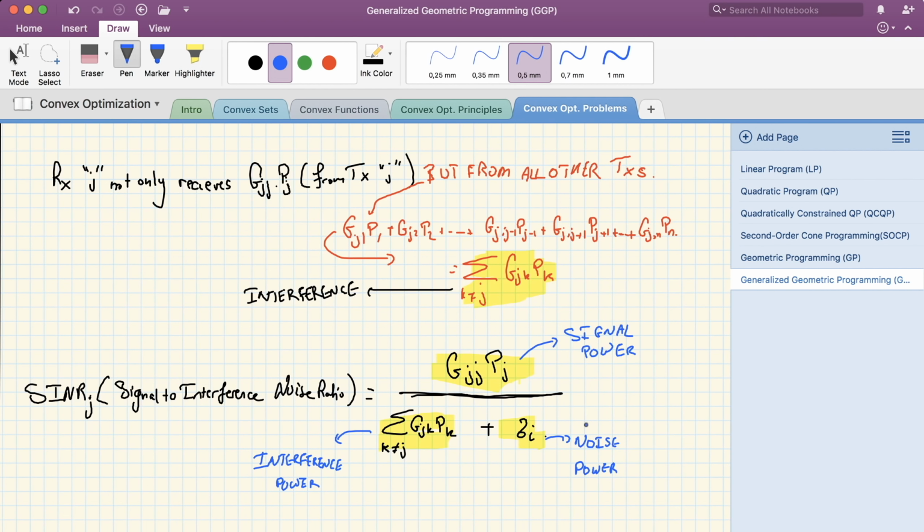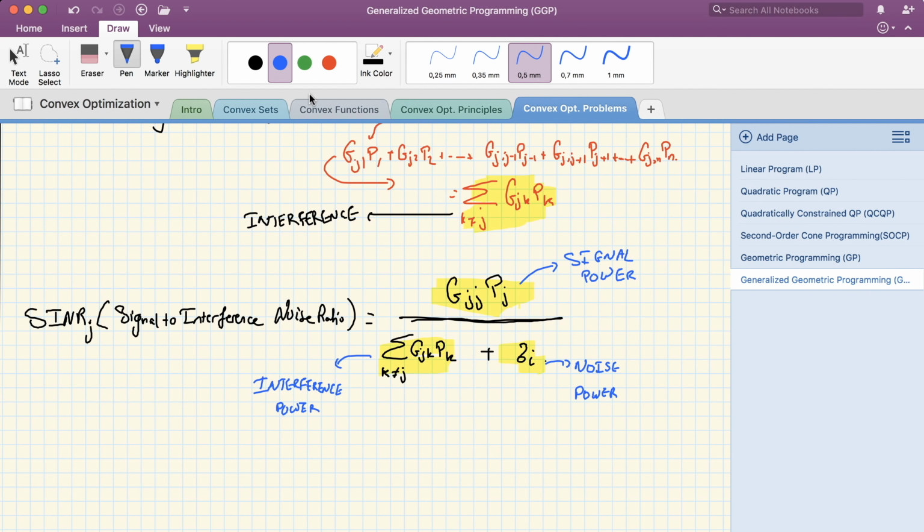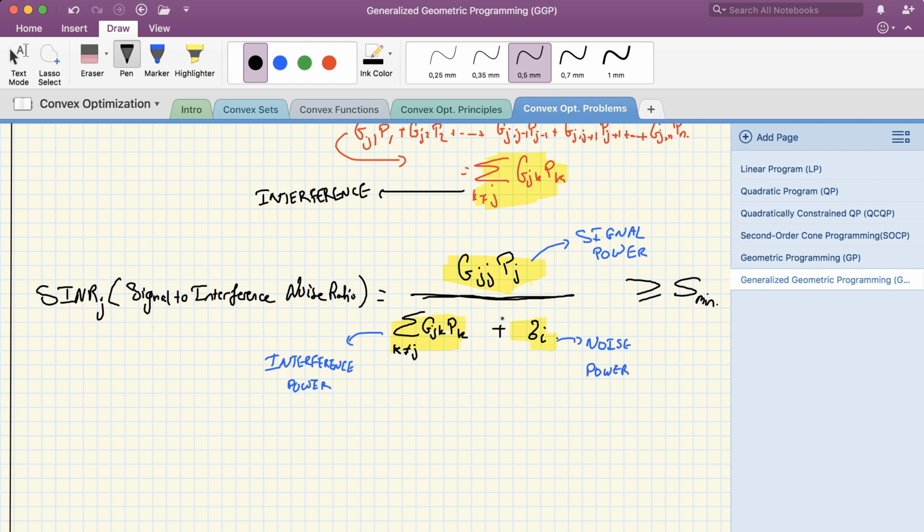What we desire is that this expression has at least a certain level. So it has a lower bound. We do not want to be worse than a certain threshold. We desire that this is at least a given minimum, S min. Since we're talking about a power budget, we're restricted with some power limitations, because you cannot expect to use as much power as you want.